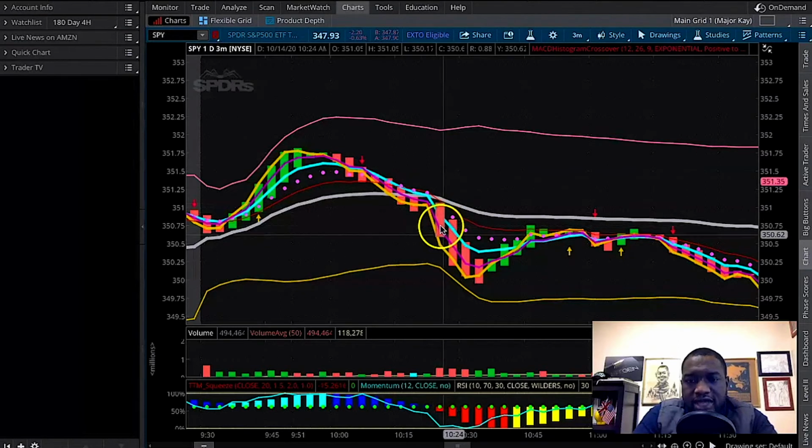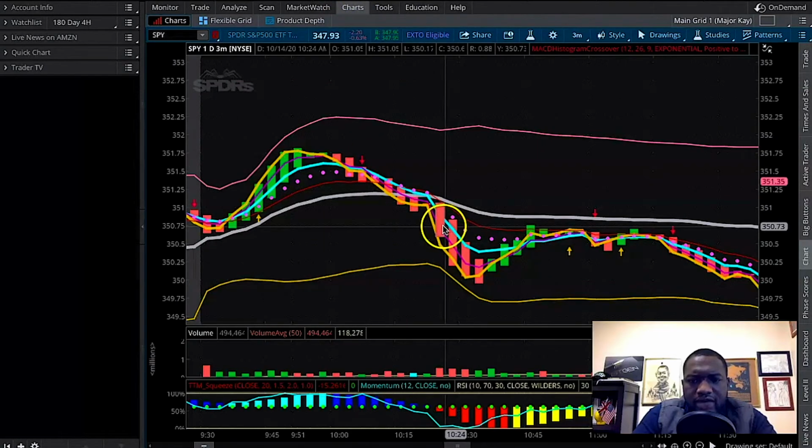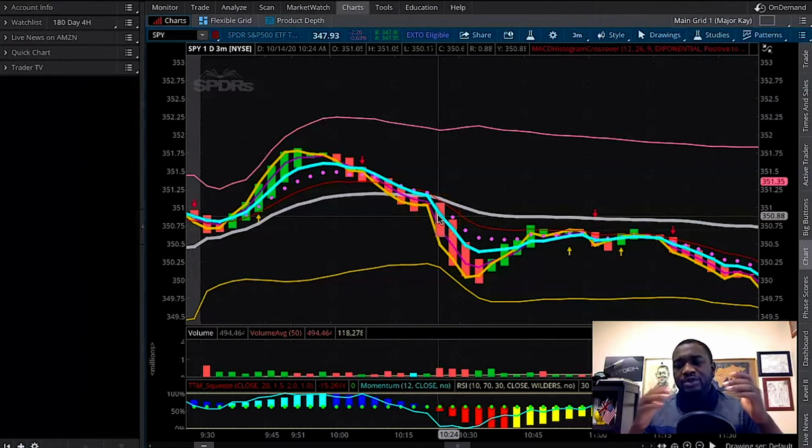So on this candle, that's what happened. I placed the trade, and this trade right here was at 10:24. On the candle right here would be 10:24, as you can see from the timestamp at the bottom. Basically, what I did was bet that the stock will go down in price. And that's exactly what happened using this exact trading system that I talk about on YouTube here.